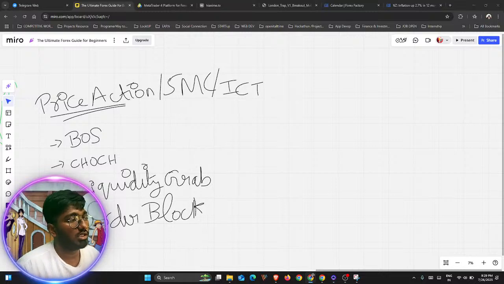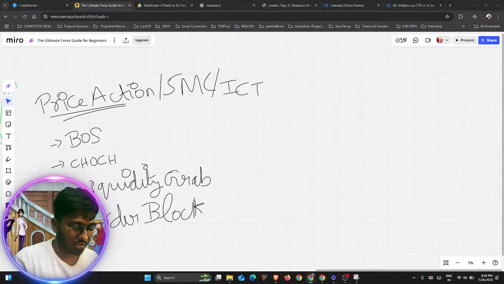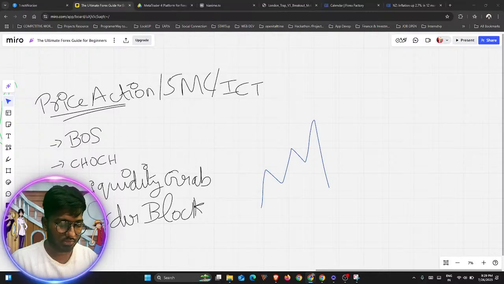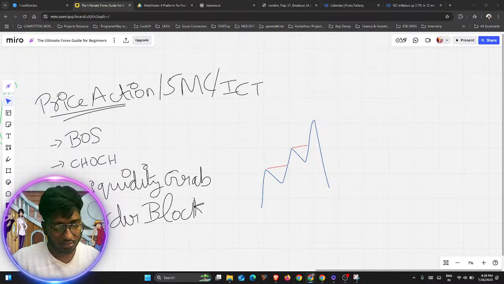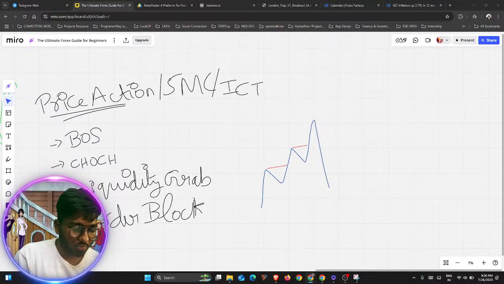For change of character, say this is the market at this exact position. This is a break of structure, and it directly breaks through the higher low.